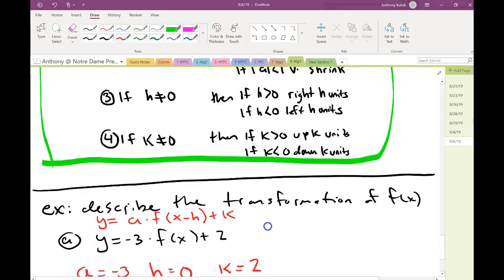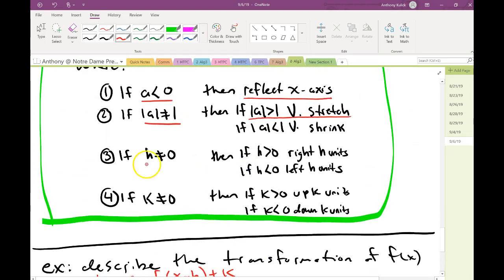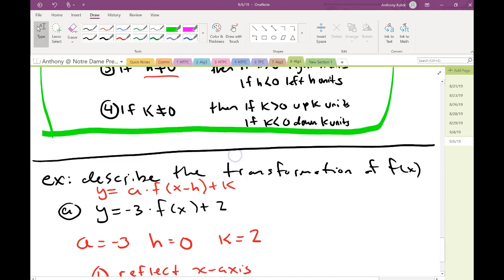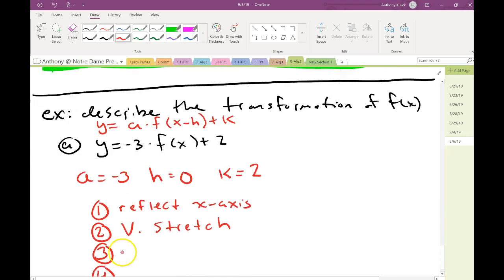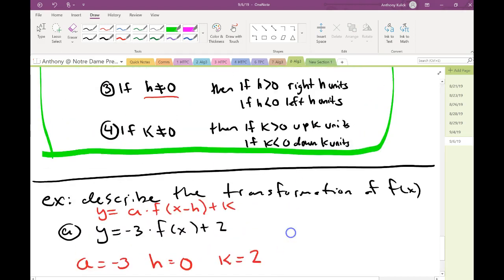Now we'll go to number 3. When I read number 3, it says if h is not equal to 0. What's our value for h? 0. So that doesn't apply, right? So I'm just going to put a dash there to let myself know that I checked this, but nothing happens. And then lastly, I'm going to look at 4.